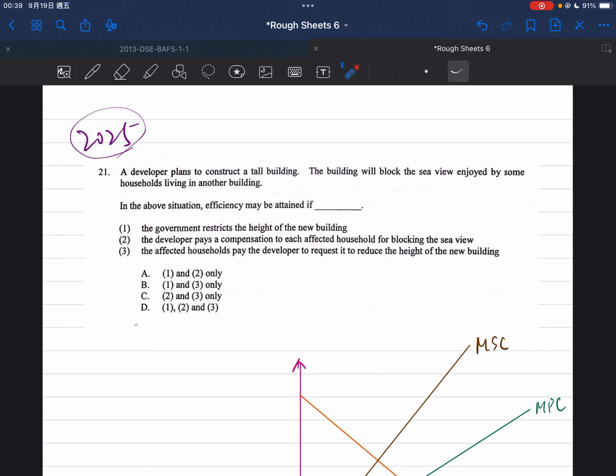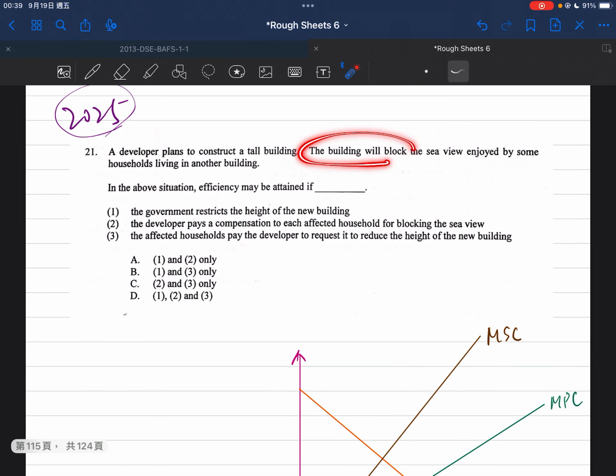A developer plans to construct a tall building. Wow, it's like IFC, 100 floors, very tall. The cost of the building to the nearby residents is that the building will block the sea view enjoyed by some households living in the other buildings.